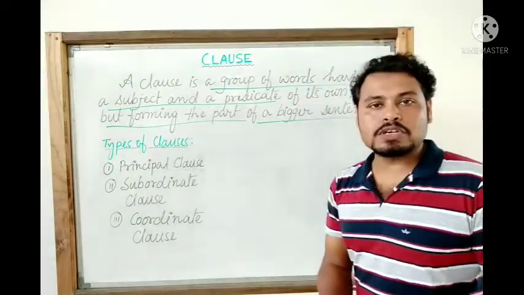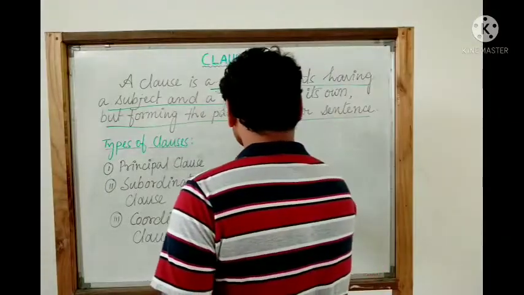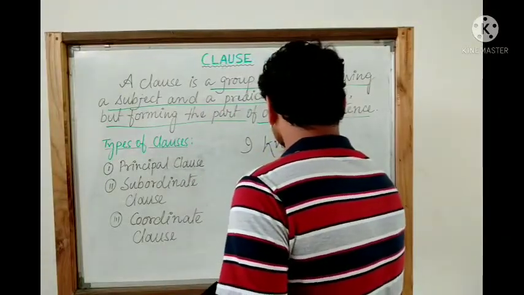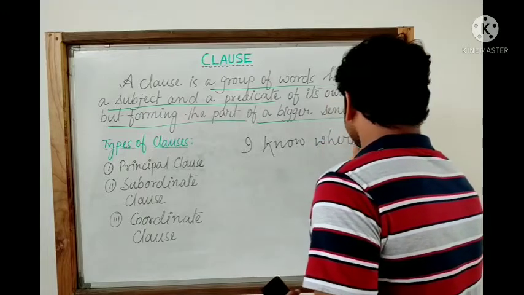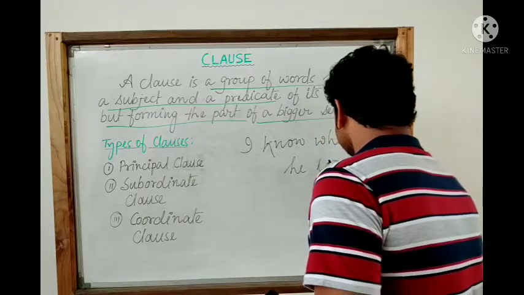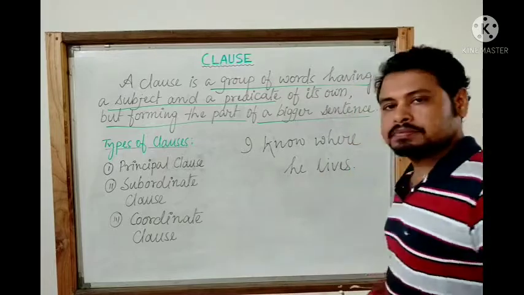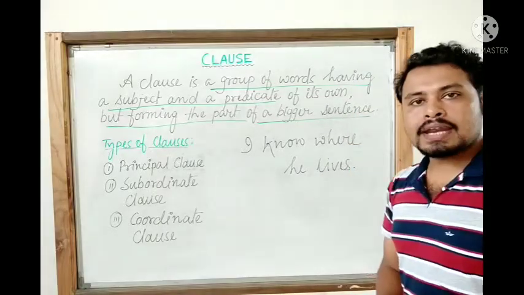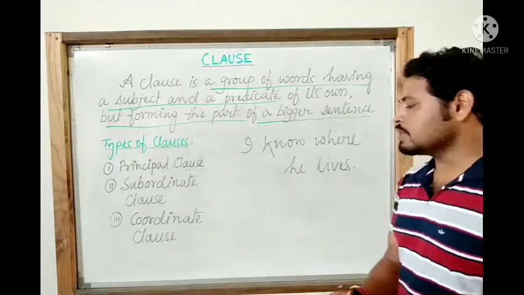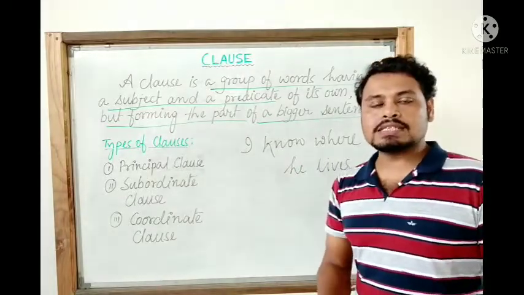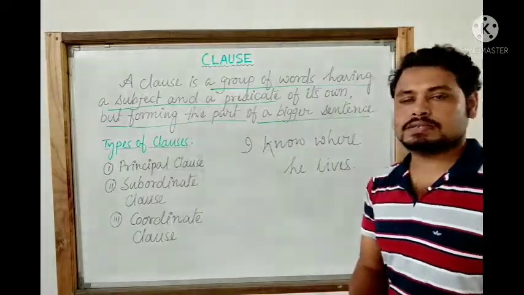For example, if we try to write like this, I know where he lives. I know where he lives. So if you look at this sentence very carefully, this sentence clearly has two parts.